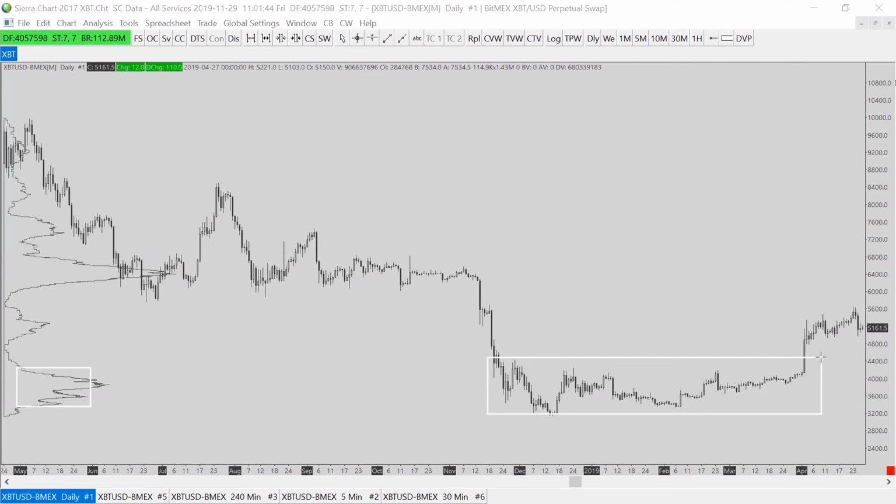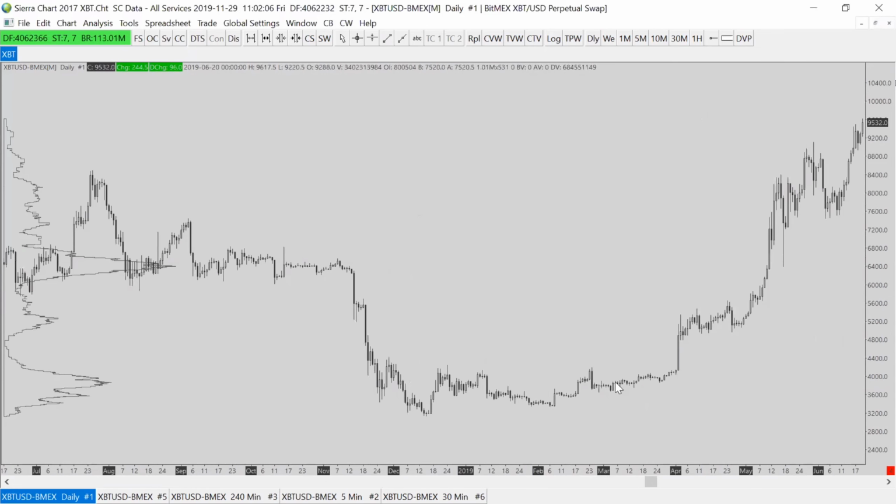then you should either be fading the extremes, looking for that mean reversion for a move back into value where the majority of volume is being traded, or waiting for a breakout into a low volume area like this.